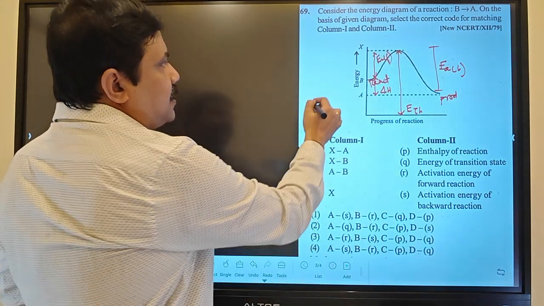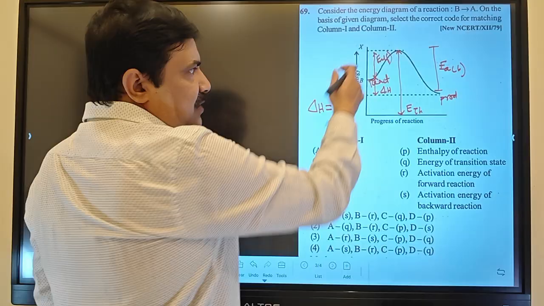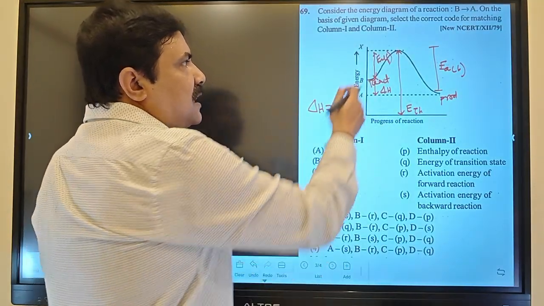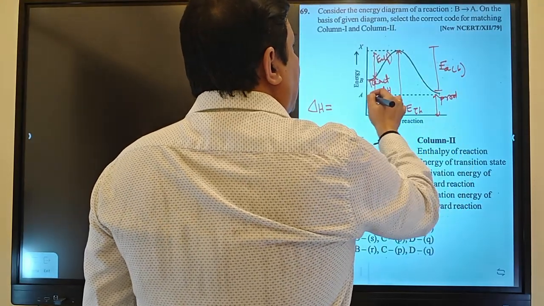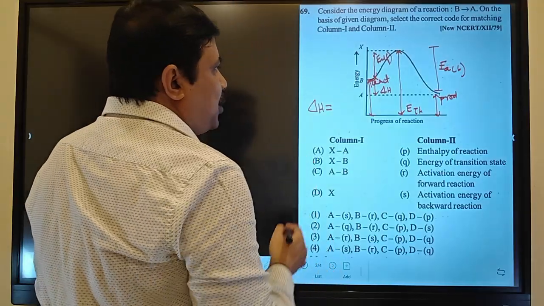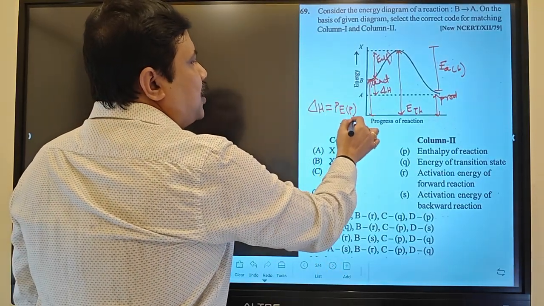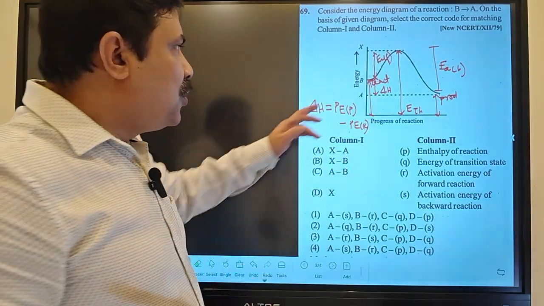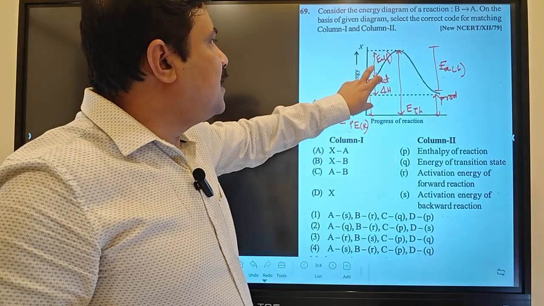Always delta H will be equal to, we can write down, because this is an exothermic reaction. Why? The potential energy of the product is lower than the potential energy of the reactant. This is the potential energy level of the product, and this level is the potential energy of the reactant. So now potential energy of product minus potential energy of reactant is your delta H. The potential energy of product is the lower value, whereas the potential energy of reactant is the higher value.